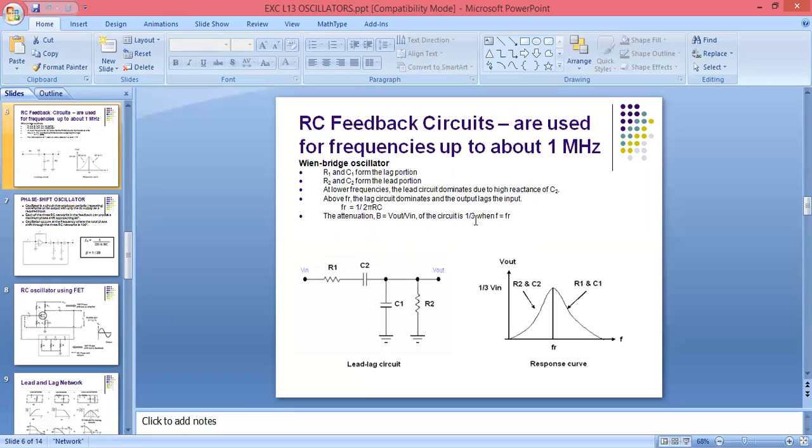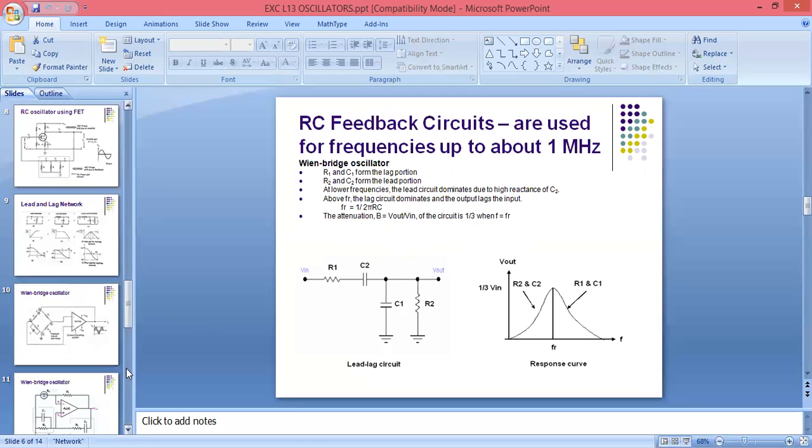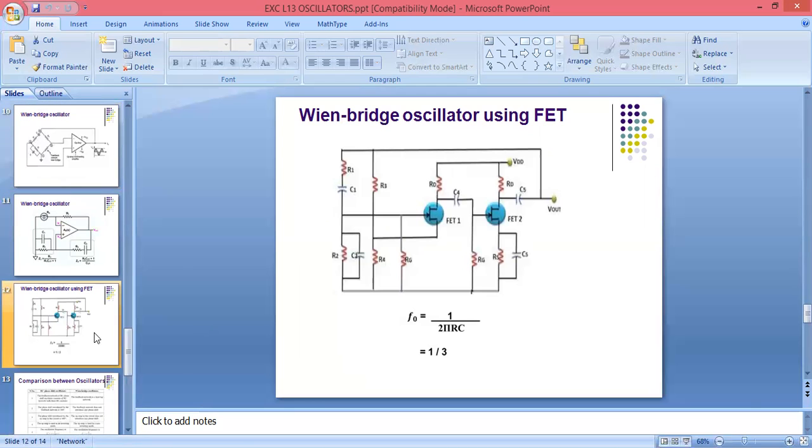But if we have to use this Wien bridge as an oscillator, if we want to use this amplifier as an oscillator, we have to follow the Barkhausen criteria, and the Barkhausen criteria says the loop gain will be 1. So with the second condition, to use this FET amplifier as a Wien bridge oscillator, we have to take A equal to 3. That is nothing but the voltage gain will be 3.